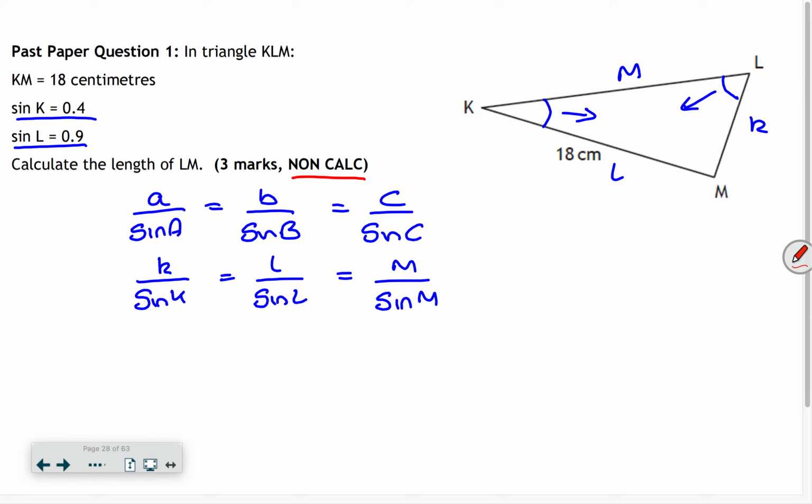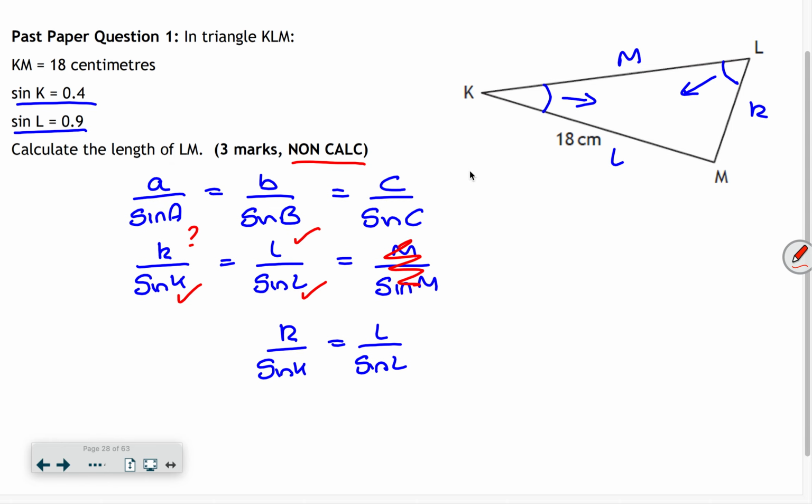Well, we know what side L is. We know what sine L is. We know what sine K is. And we want to work out the side that's called K. So we are really working with K over sine K is equal to L over sine L. We don't need this third fraction here.